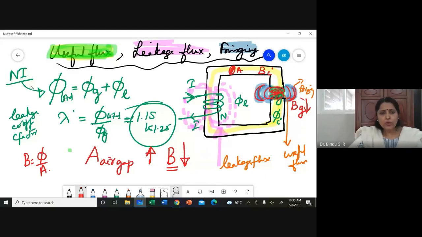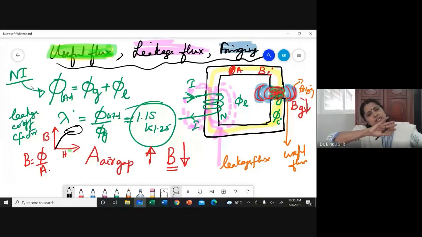Now, go back to your BH curve. When you draw the BH curve, remember it had a saturation area, which means even if H is increased, B doesn't increase. It is straight.